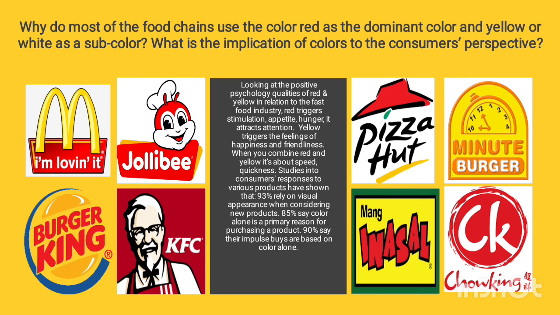And also studies into consumers' responses to various products have shown that 93% rely on visual appearance when considering new products, and 85% say color alone is a primary reason for purchasing a product. 90% of them say that their impulse buys are based on color alone. So color really has a big impact on consumers' perspective, and colors are also helpful for the company's logo to be well remembered by the people.